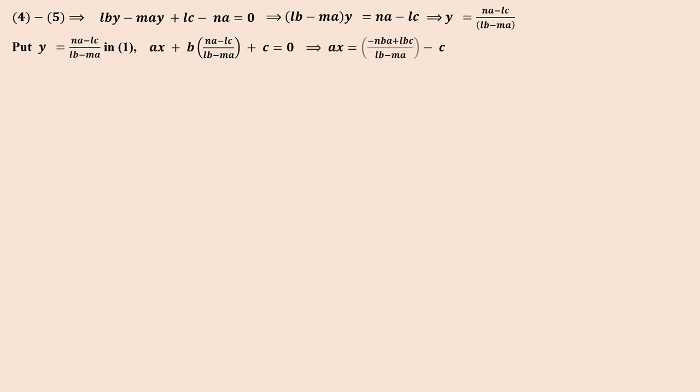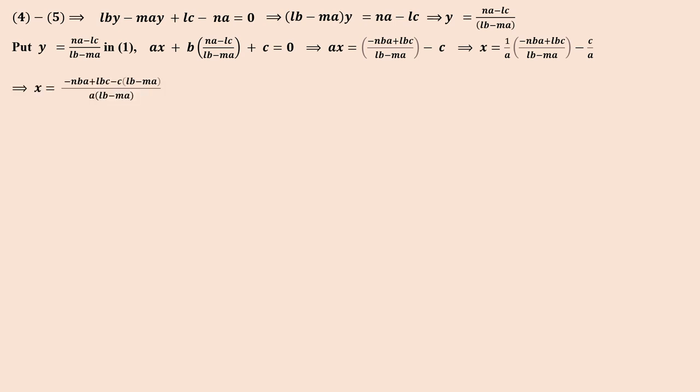Therefore AX is equal to, take the remaining term to the other side and multiply with the B, minus NAB, minus into minus plus, when it is coming to the left hand side, plus LBC by (LB minus MA) minus C. Therefore X is equal to 1 by A into (minus NBA plus LBC by (LB minus MA) minus C).